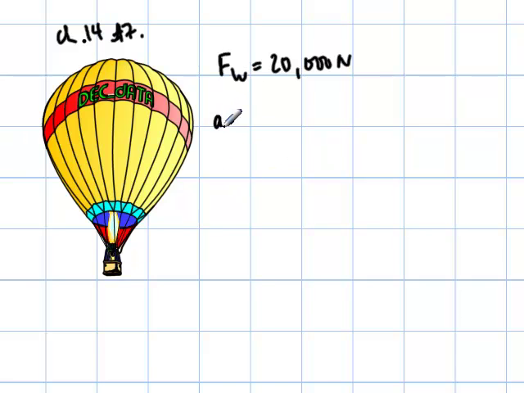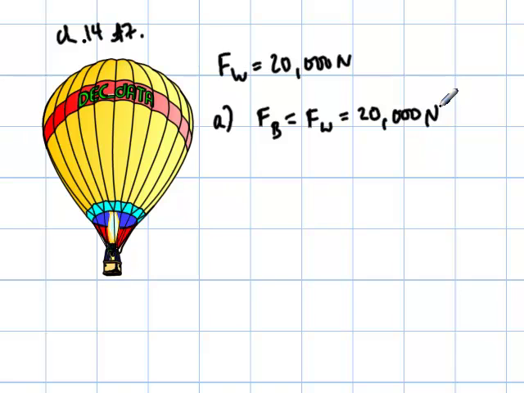Well, A, the buoyant force that is produced by the air on the balloon has to equal the weight, because the balloon, as it says, is hovering, and it's neither accelerating up nor downward, so the two forces have to balance each other. So the weight is pulling down at 20,000 newtons, and the buoyant force is pushing up at 20,000 newtons.